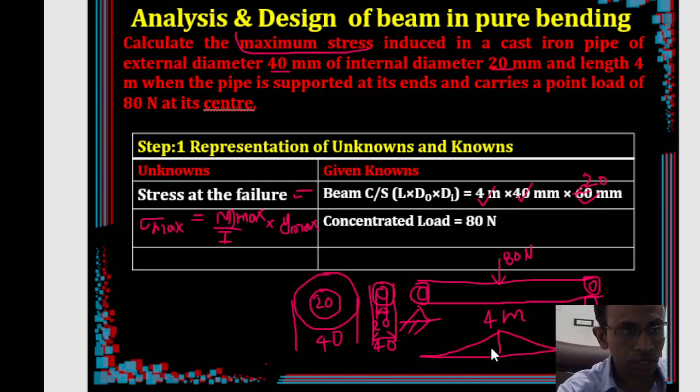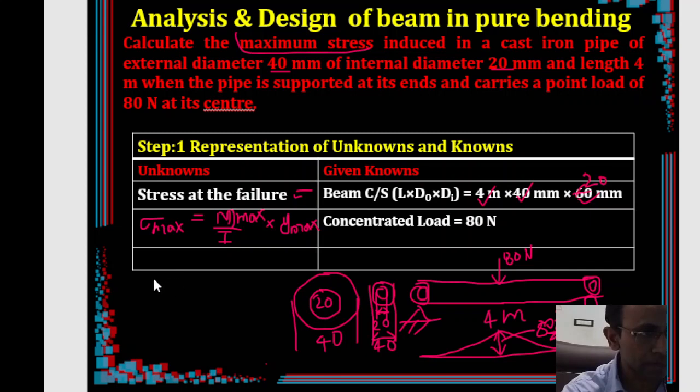Okay. So you got the moment, WL by 4. What is WL by 4? 80 times 4 by 4, that becomes 80 Newton meter, because the 4 gets cancelled out from both terms. So this was known to you.